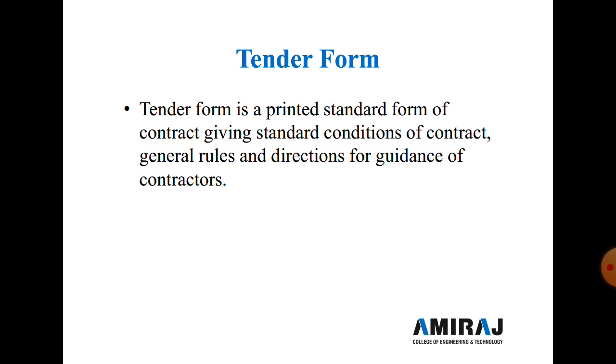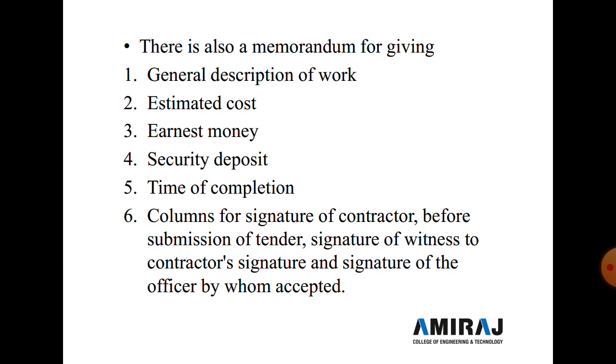So here the tender form is available from the office, and we collect the tender form for a particular work from the office by paying the amount which is written on the tender form. There is also a memorandum, where 6 things are given.